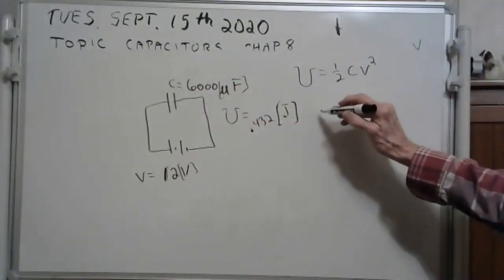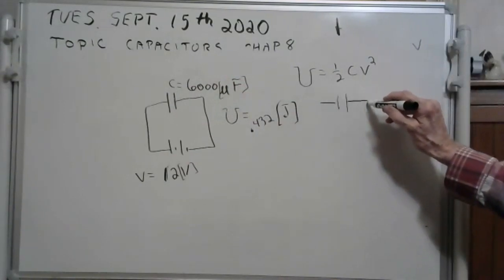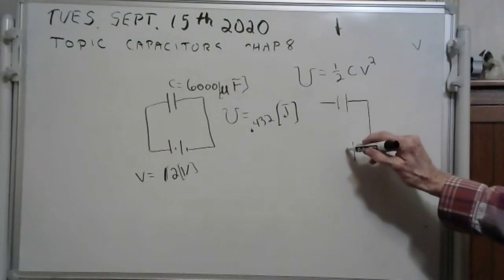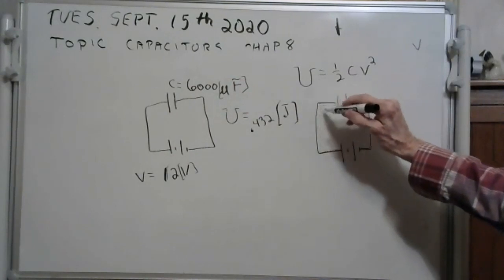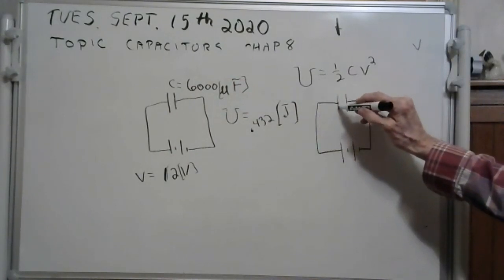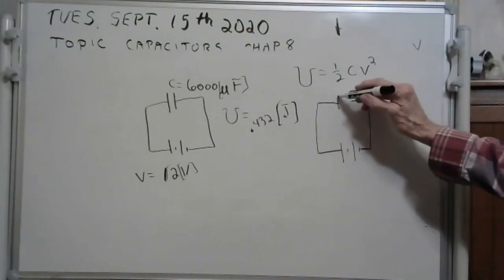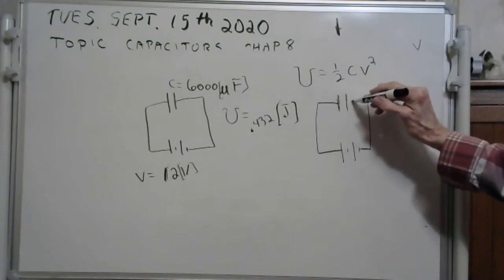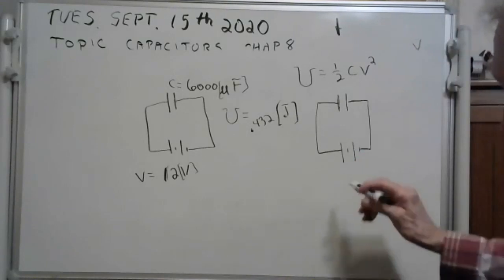Here, let me draw the after picture. We're going to take that same capacitor and we're going to put the paper in. It's still 12 volts here.